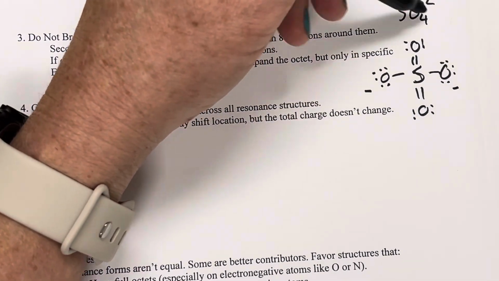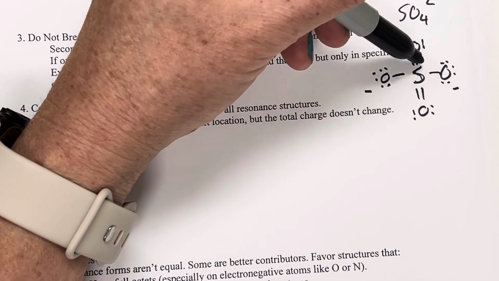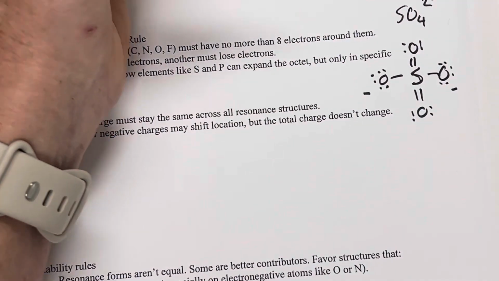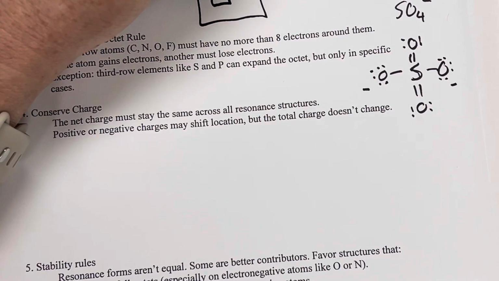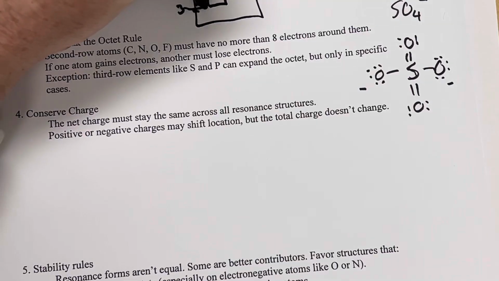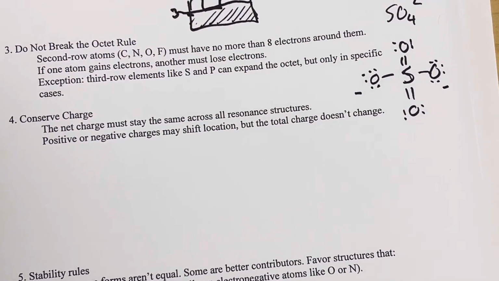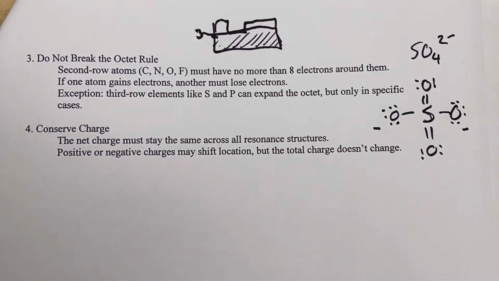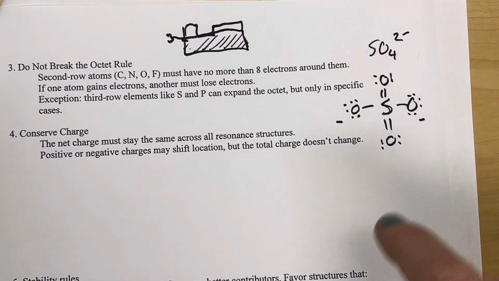That's how you get the 2 negative overall. Now notice sulfur has 2, 4, 6, 8, 10, 12 electrons. Anything in the 3rd row or below in the periodic table can expand the octet. You won't run into it too often in organic chemistry, but it is good to know.